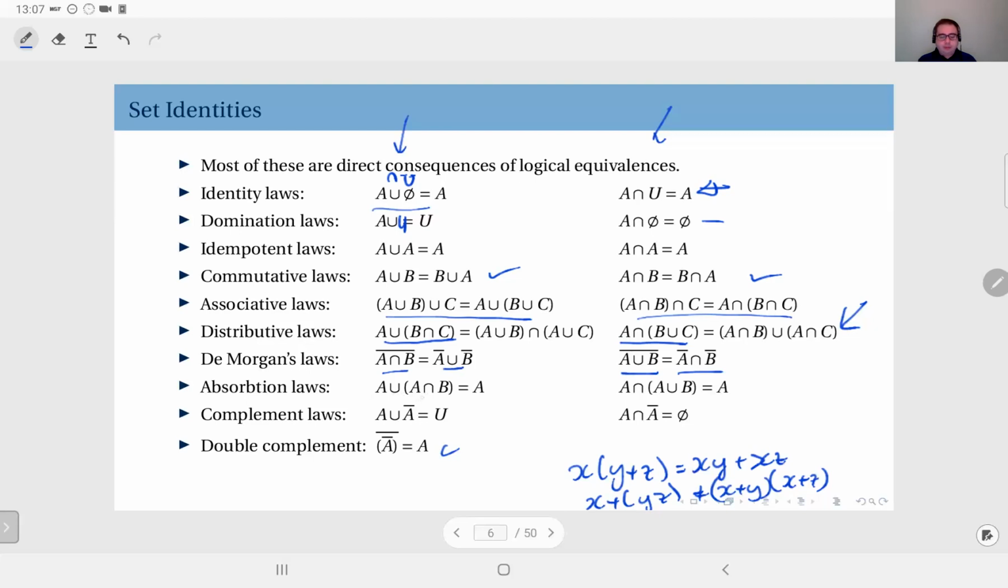A union with A intersection B is A itself, and A intersection with A union B is equal to A itself. And we have the complement laws. If you take the union of A with its complement, you get the universal set. If you take the intersection, you get the empty set. And finally, we have the double complement law, where you complement a set twice, you obtain the same set.